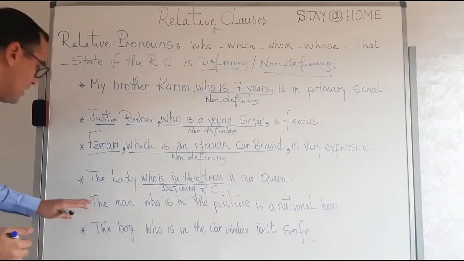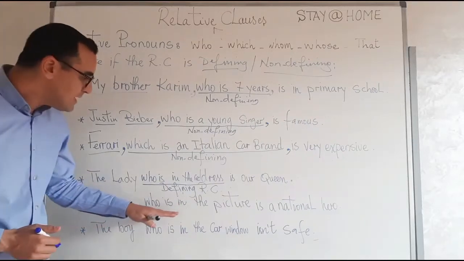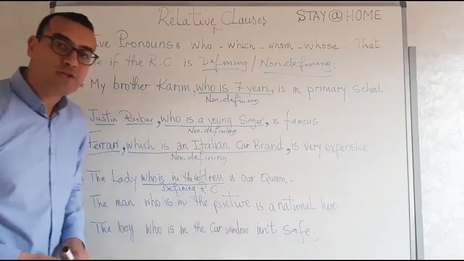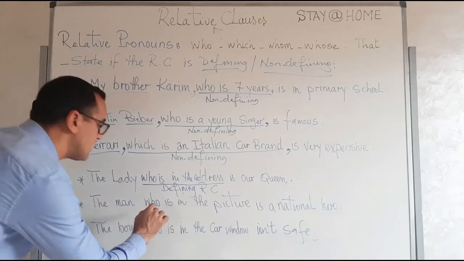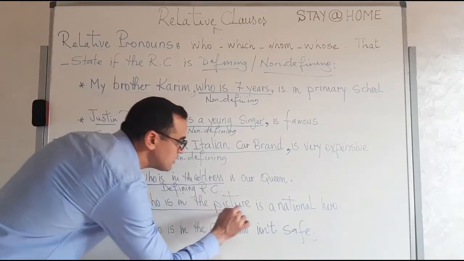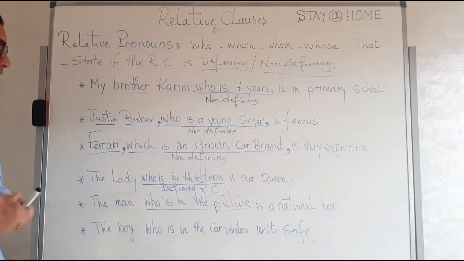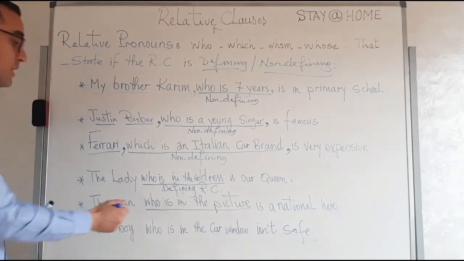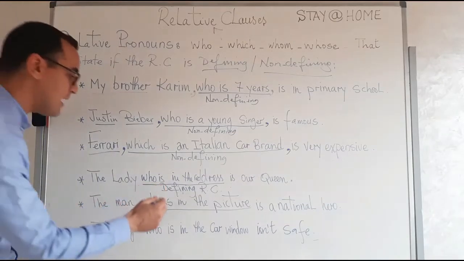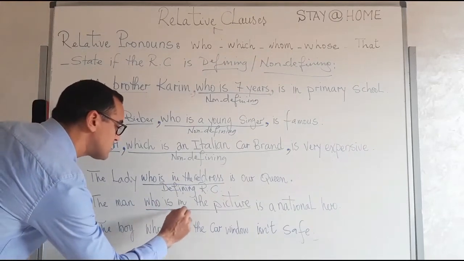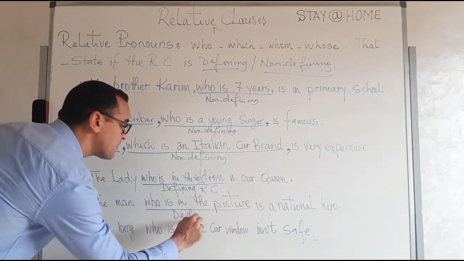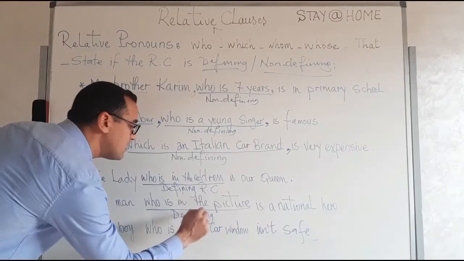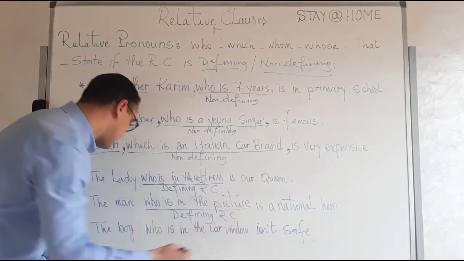The next sentence is the man who is in the picture is a national hero. The relative clause in this sentence is who is in the picture. So we try to determine which man we are talking about. This relative clause also here is a defining relative clause.